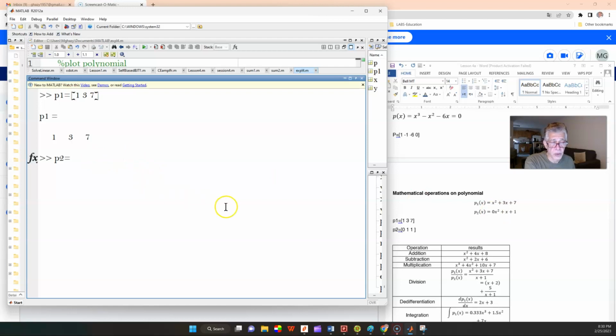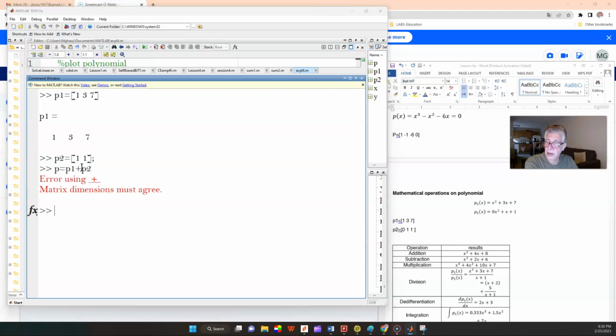If you have x plus 1, just forget about 0x squared. If it's x plus 1 and you type 1, 1, it's the right representation for the second polynomial, but the problem is when you're going to add, you will have a problem. Let's say that P is the result of adding P1 plus P2.